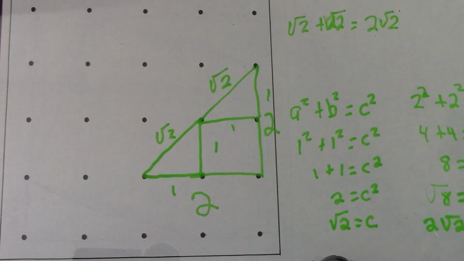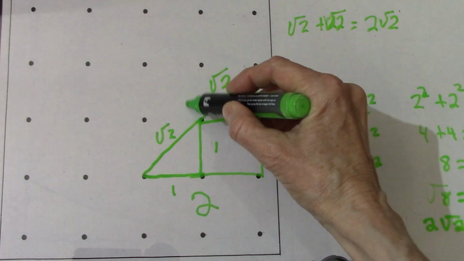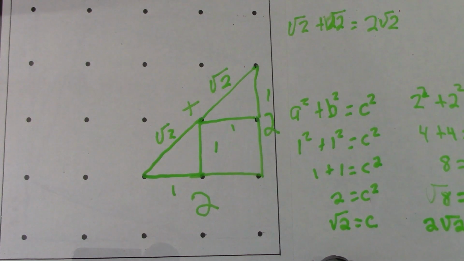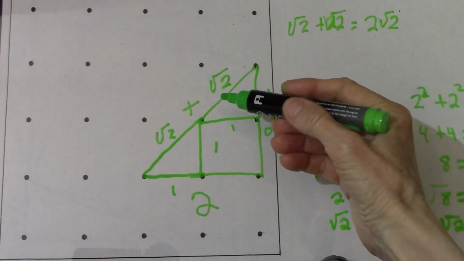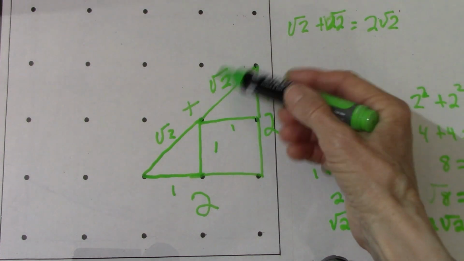That shows us that we can add them together when they're along a straight line, because they have the same slope, they have the same slant, and we get that same thing because we're basically just making a bigger triangle. So we can add them together. So we can add radicals together when they have the same base, or the same radicand.